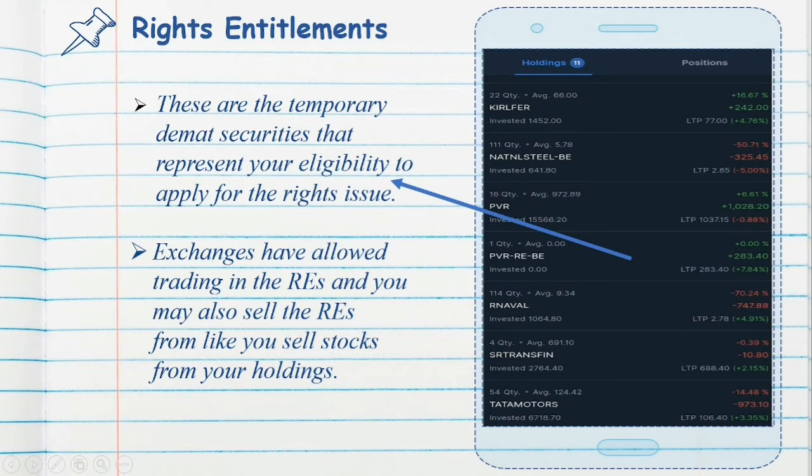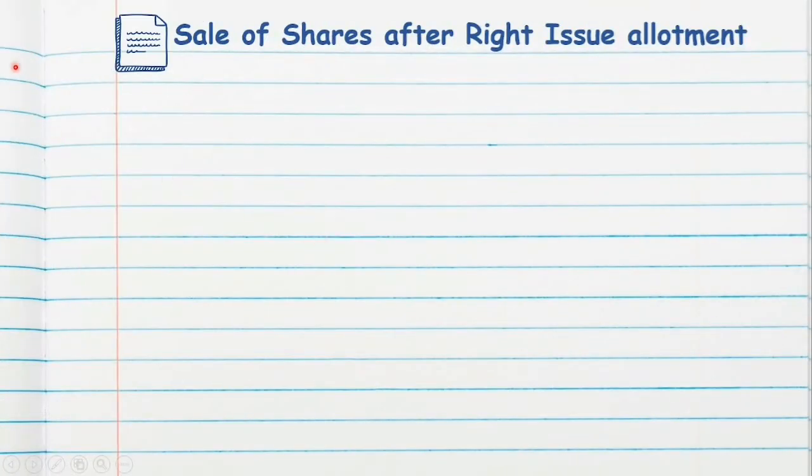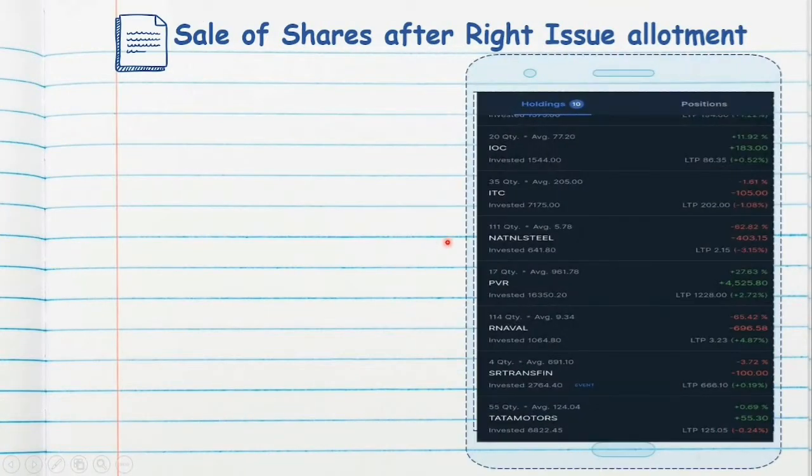During this period, you will be receiving messages stating your account has been credited with so and so shares. Once this 5 to 6 days period is over, you will be able to see that rights issue share being allotted to you in the holdings page of your trading account.